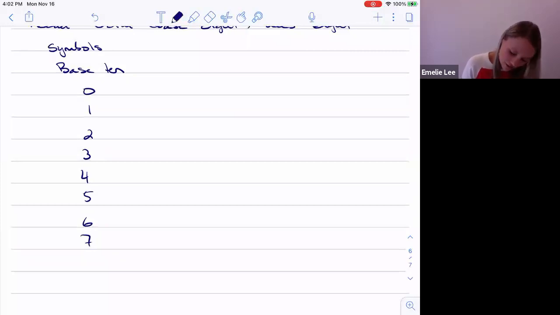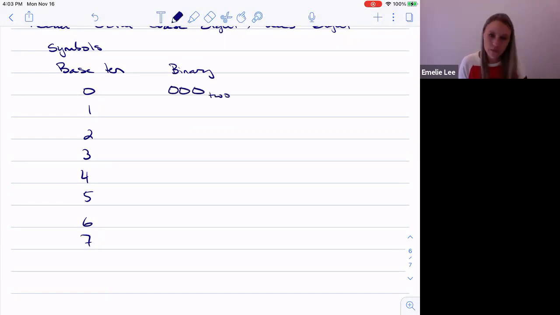So what we're going to have is in binary, 0 is going to be 0, 0, 0 base 2. And now because I've already written binary up here, I'm not going to write base 2 for all of these. So you can go ahead and convert 1 to binary, 2 to binary.